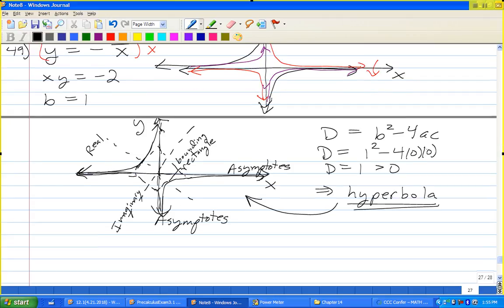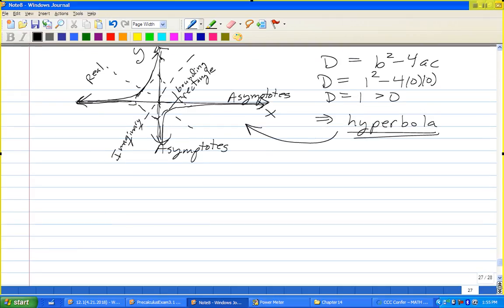Okay, let me do problem 51. 4x squared plus 4y squared equals 36. Okay, so I look here in exercises 51 through 58.